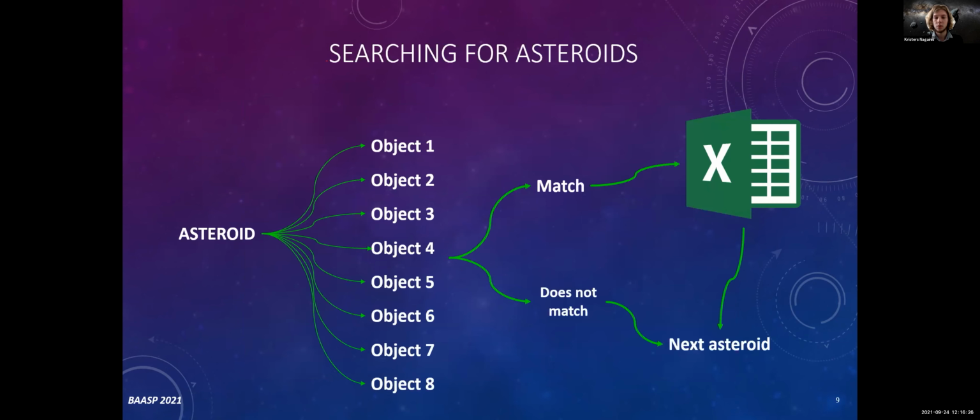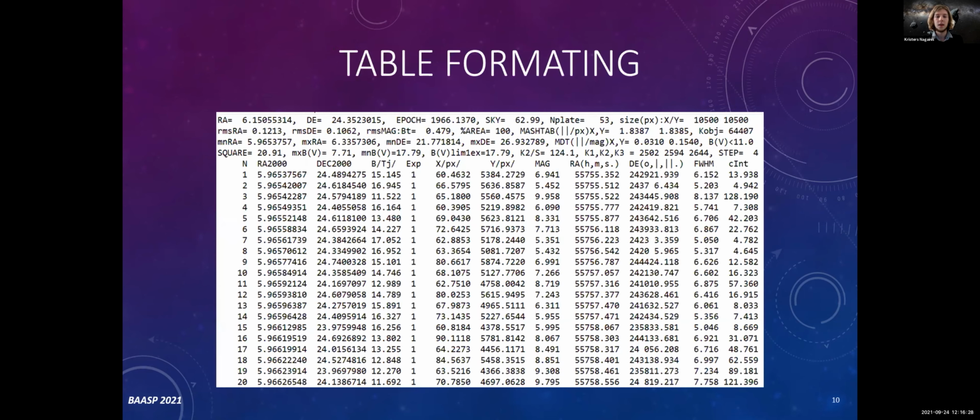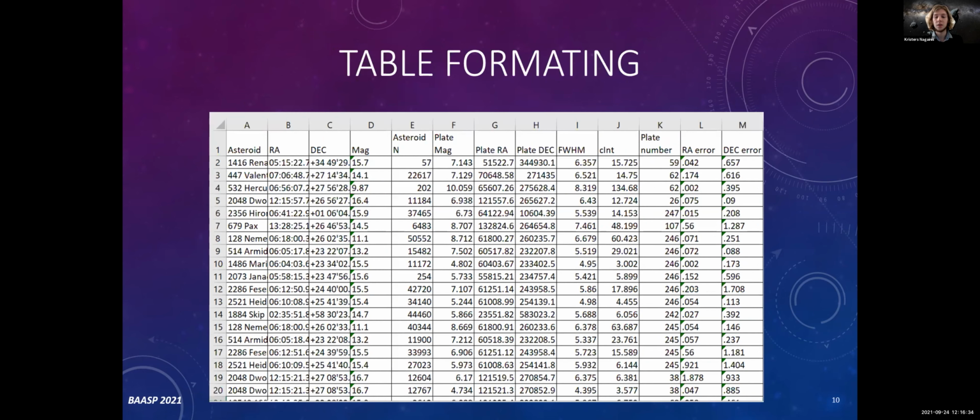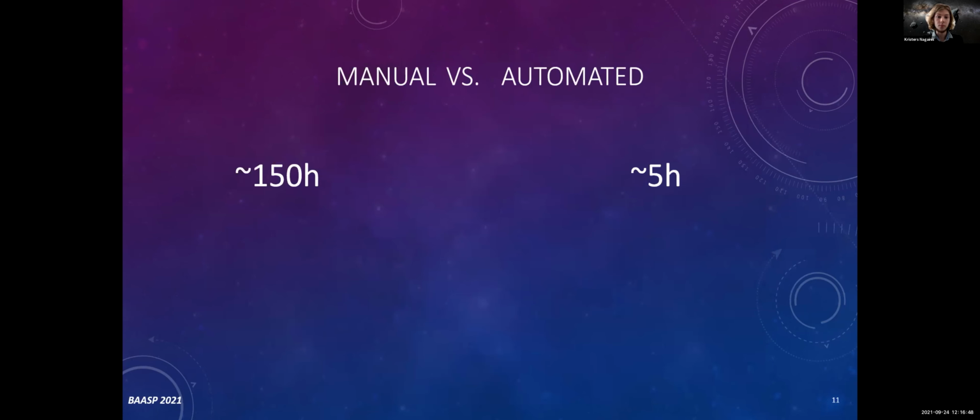If not, it just goes to the next asteroid. And yeah, the table format is this, which is not very readable, so I used the most common one to input both the parameters from the Baldone Observatory data and from NASA database. So yeah, this is more readable.